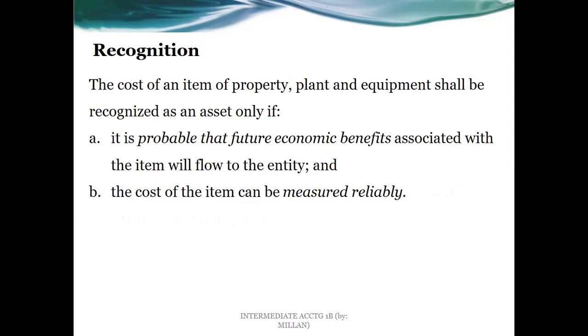Then the cost of an item of PPE shall be recognized as an asset only if, in other words, these are the two principles under asset recognition, that it is probable that future economic benefits associated with the item will flow to the entity.